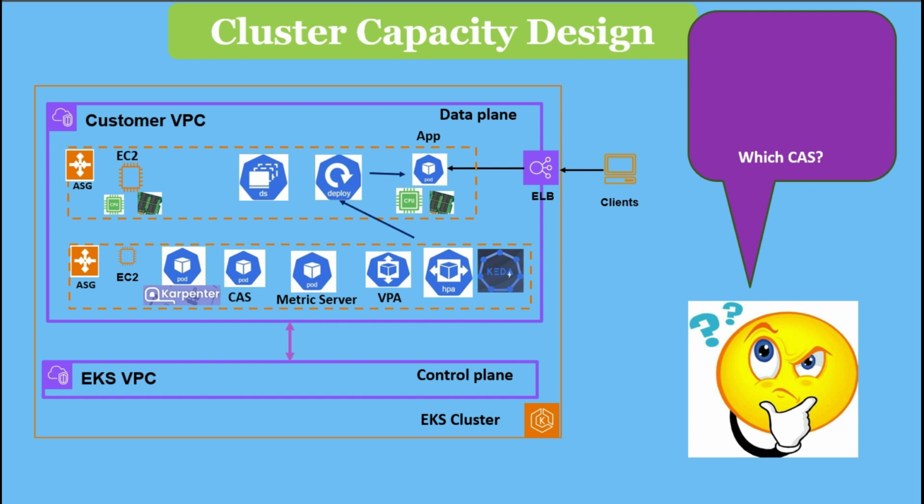The other option is Karpenter, which is a node group less design, which is also open source and quite performant. Both the cluster autoscaler and Karpenter will scale the nodes based upon the number of pending pods in the cluster at any given point of time.